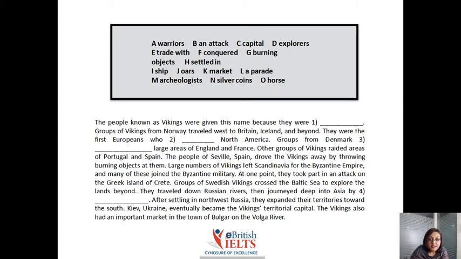So if I'm looking for a mode of transportation, I, ship fits in, and O, horse fits in. Although I'm not particularly happy about journeying deep into Asia by horse, I would have liked on horseback, but okay, I'll keep that option open. I'll keep horse as well as ship open.